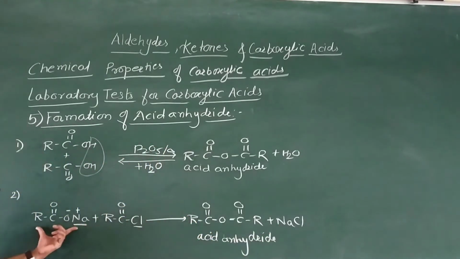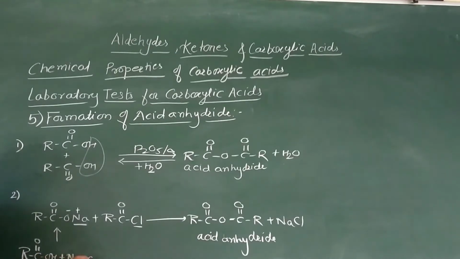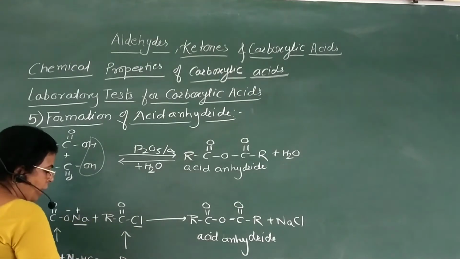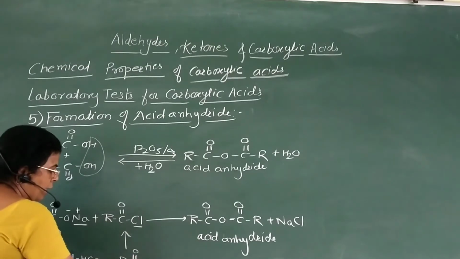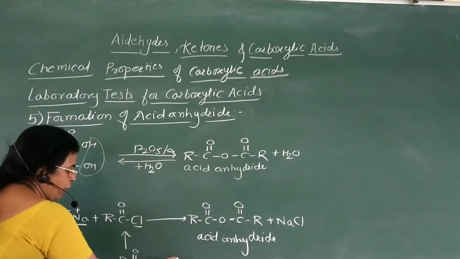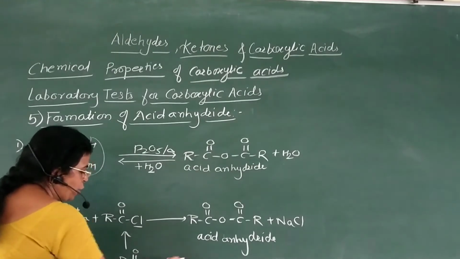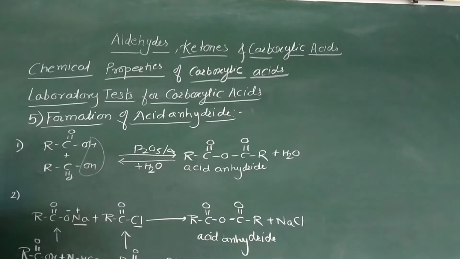Now here, this RCOONa is obtained by the reaction of carboxylic acid, that is RCOOH plus Na2CO3 or NaHCO3. Then this compound is obtained. And this compound is obtained by the action of SOCl2 with this carboxylic acid.